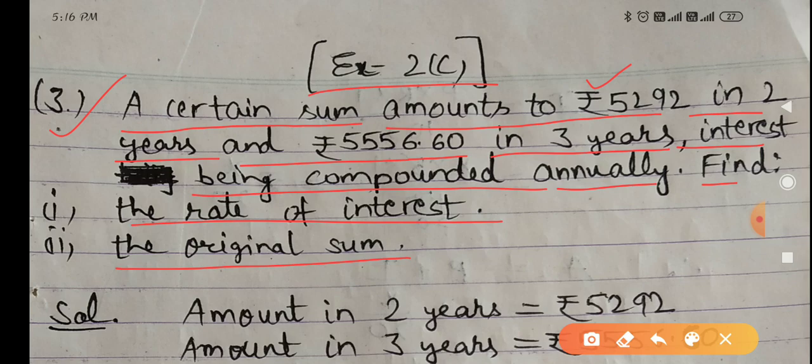So amount in 2 years is given, amount in 3 years is given. It means that the amounts of 2 consecutive years are given.